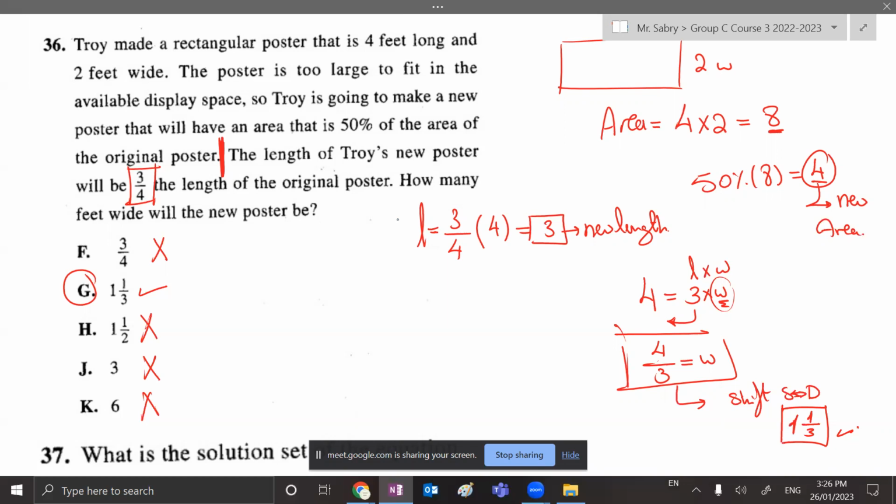Okay, I understand. Yara, ask if you feel a bit confused still, because it should make sense. Okay, so the way I did it was, we have the first area, we get the second area, that's easy. And then we know the second area is 50%, which is 4.